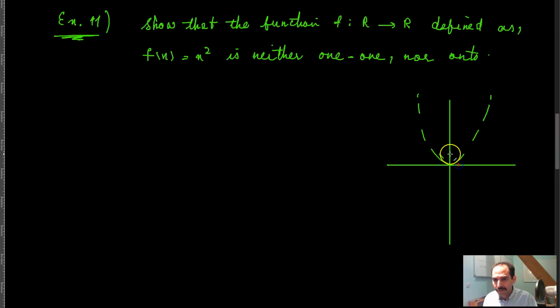If this is 1 and this is 1, then you would get these points over here, so you would get some function like this.